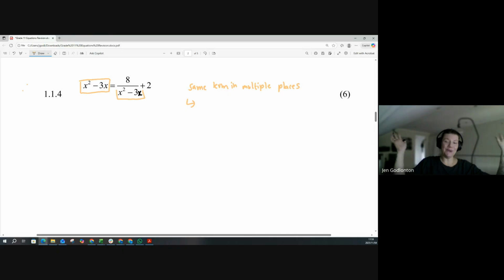My clue is a letter. Okay, Tebogo got there. K method. Exactly. When we have the same term in multiple places, we're going to use the K method. So we're going to make x squared minus 3x equal to K. That's why I was shocked. Abu used to love K so much.